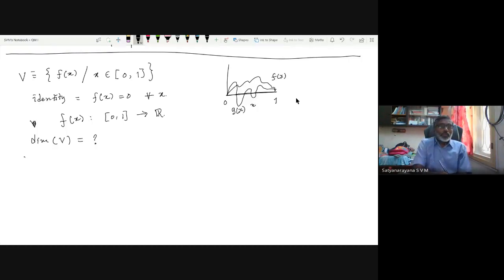Now, to define an element of V, namely f of x, how many real numbers are required?